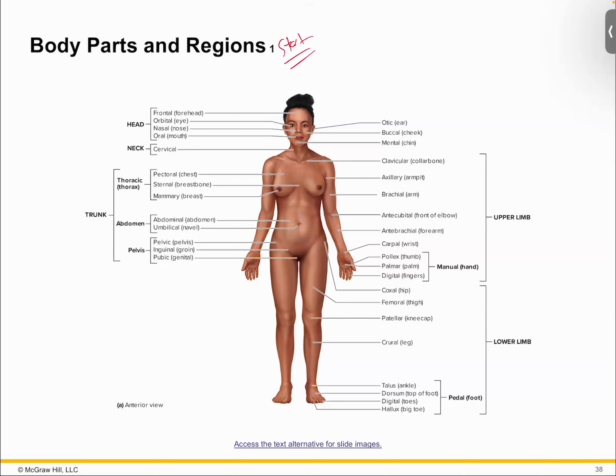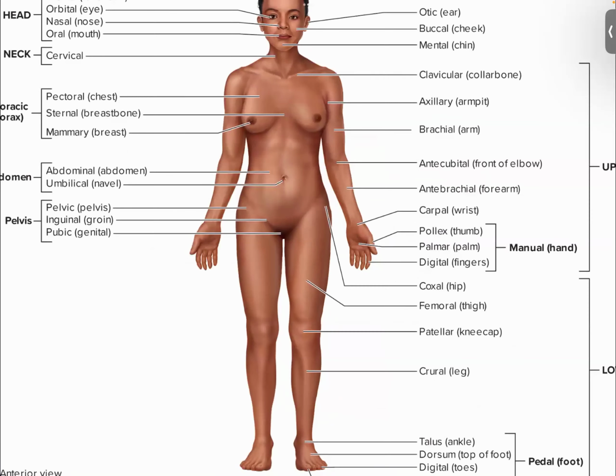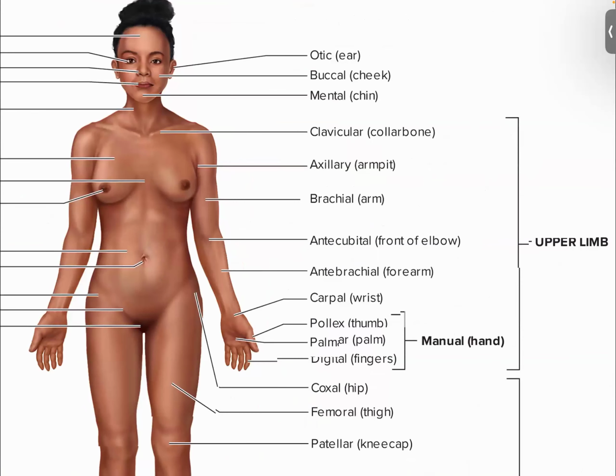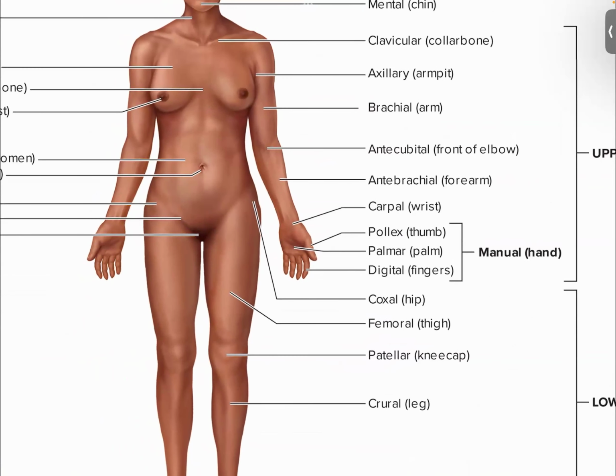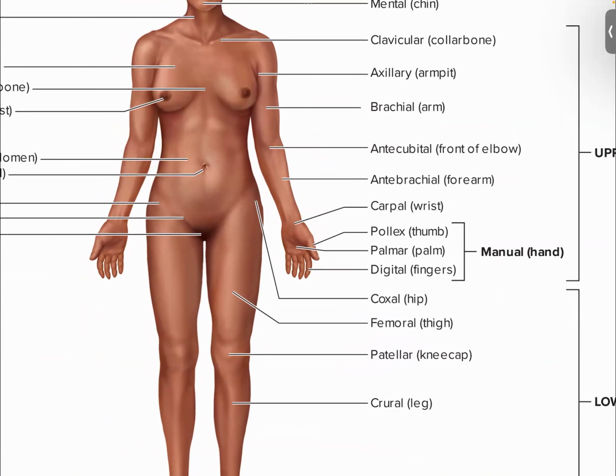When you get into the legs, it gets a little tricky because you have different names for the different pieces. First of all, the underlying bone, for instance, femoral, the knee, which is patellar, the shin bone, or the tibia, is the crural. The sural is the backside of the leg itself.